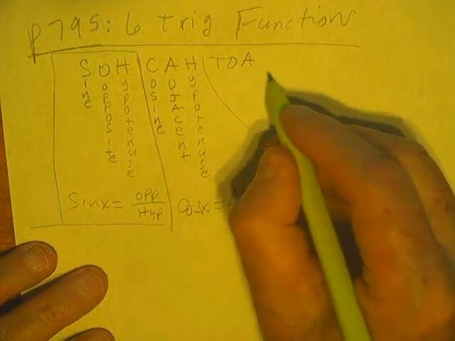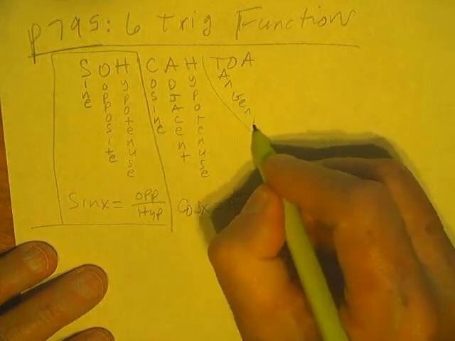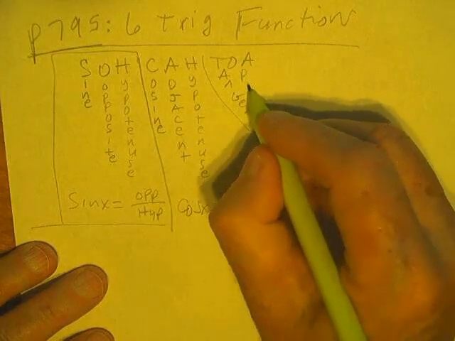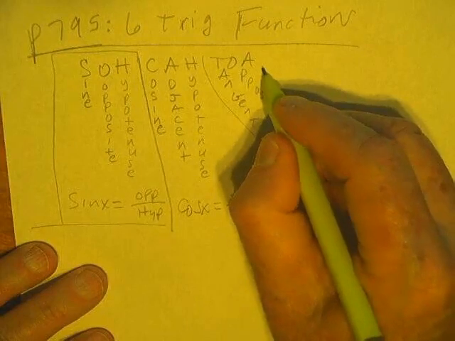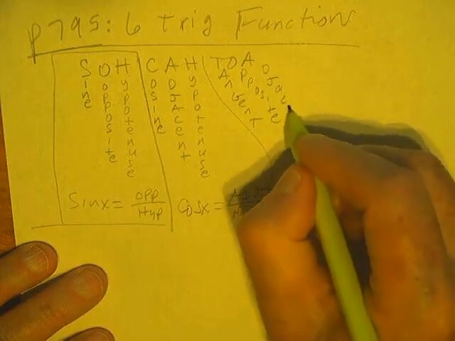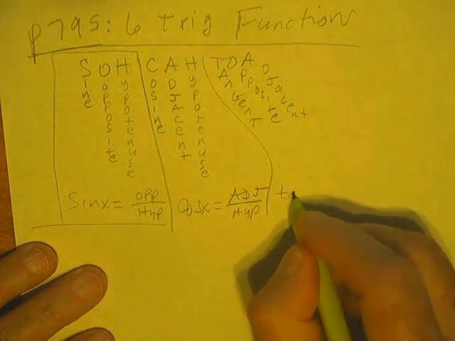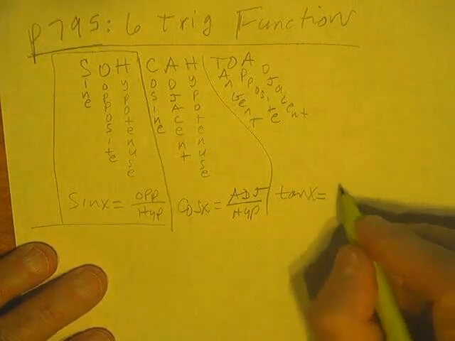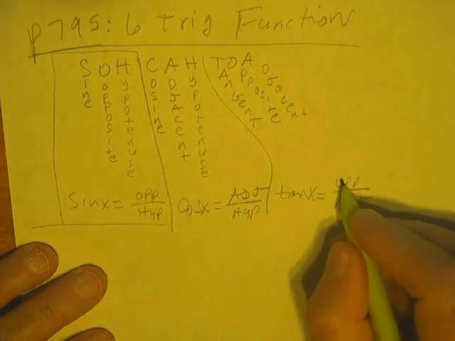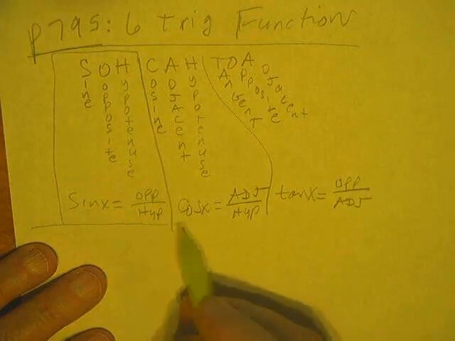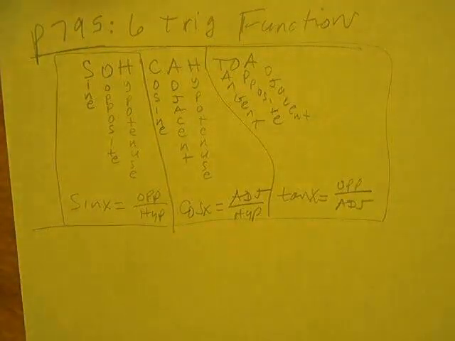And then this one's for tangent. The tangent is the opposite over the adjacent. The tangent of angle X is opposite over adjacent. So my suggestion is use SOH CAH TOA anytime you get a right triangle.